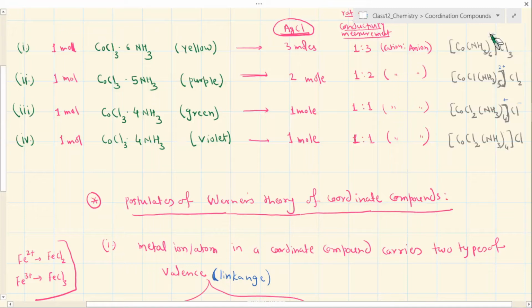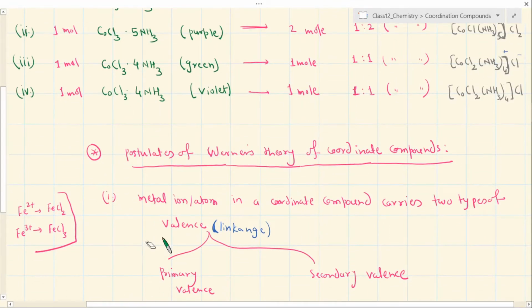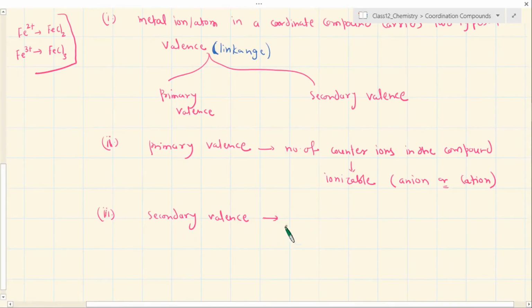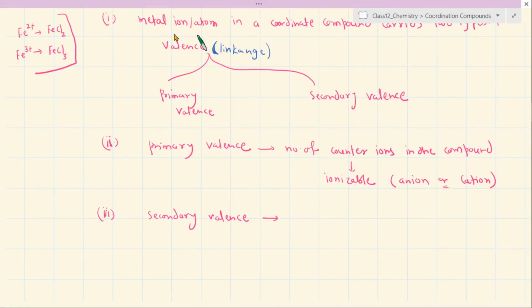Okay, like that. So I'm trying to say that the ionizable valency is called primary valence, which is similar to what you understood earlier in your basic understanding of metal compounds. But in coordination compounds you have another valency which is called secondary valency, and it is non-ionizable. So the secondary valence is non-ionizable.